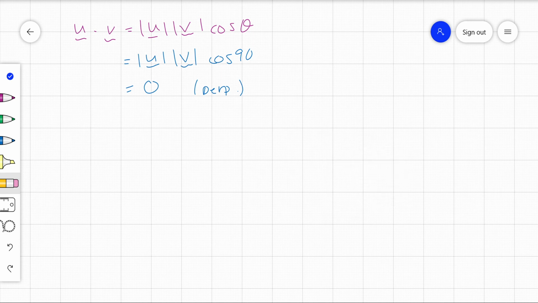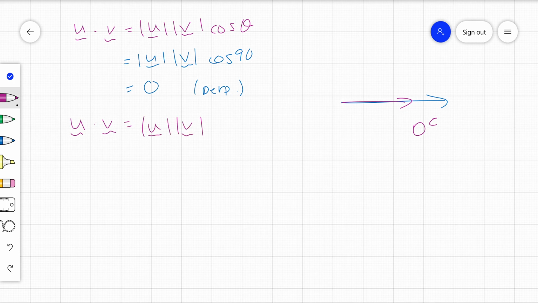So what about if we're talking about parallel? There can be two sorts of parallel. We could have two vectors that are parallel and going in the same direction. So the angle between them would be 0 degrees. So we're going to have u dot v equal to |u||v| cos of 0.